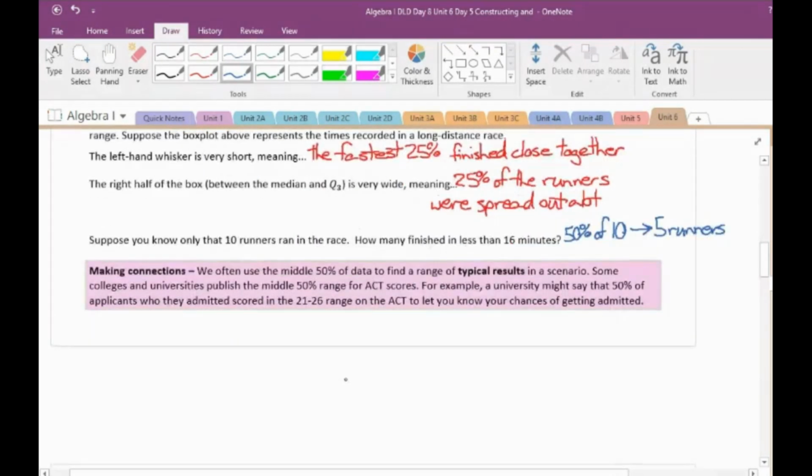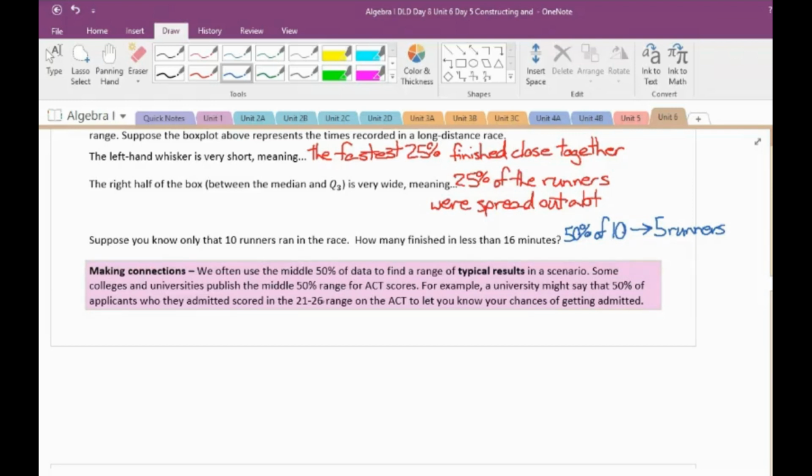A university might give you the typical ACT score of someone that they accepted. For example, if they said that 50% of the students they admitted were in the 21 to 26 range on the ACT, that means, let's say you got a 23 on your ACT, you have a decent chance, at least a 50-50 chance of getting in at that college.